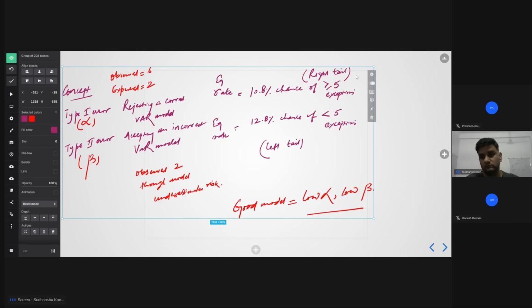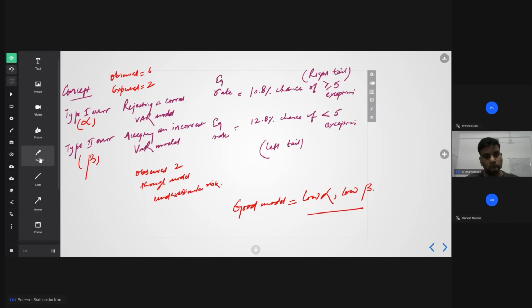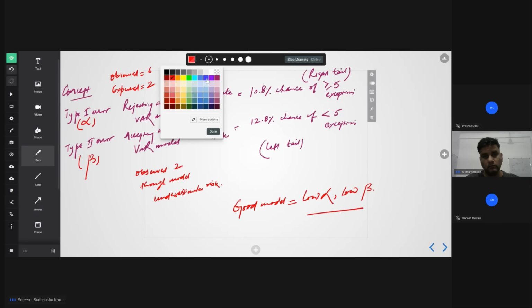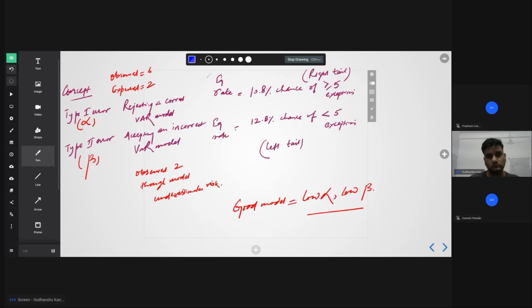One more thing I want to write here, one line more. So type 1 error, you say the VaR model is bad when it's actually correct.